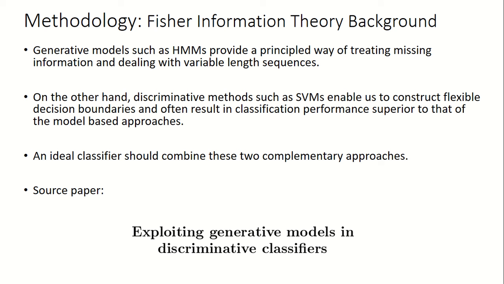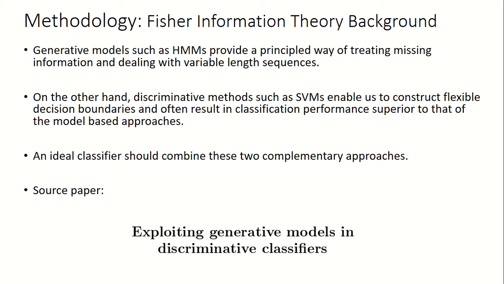They mentioned that there are already some kernels for discriminative models, but if we can develop a kernel based on generative models, we can somehow link these two areas to each other. So they proposed that an ideal classifier should combine these two complementary approaches.